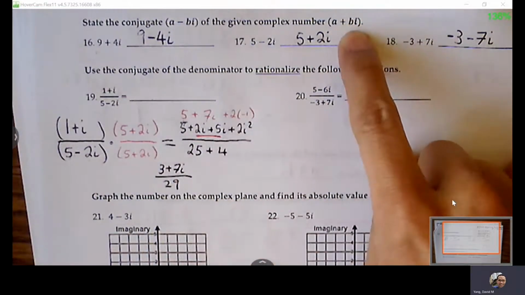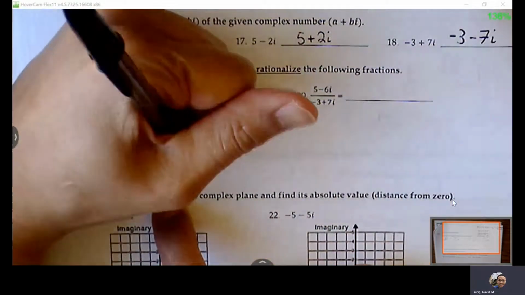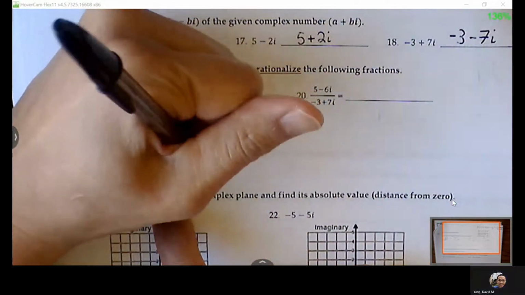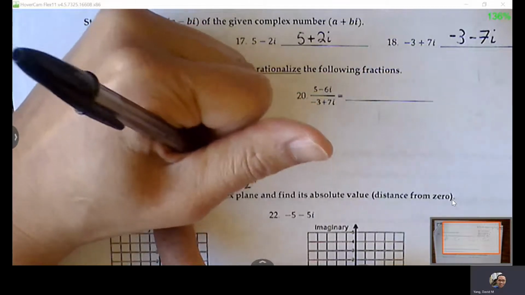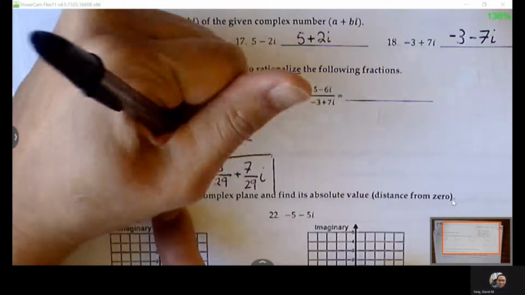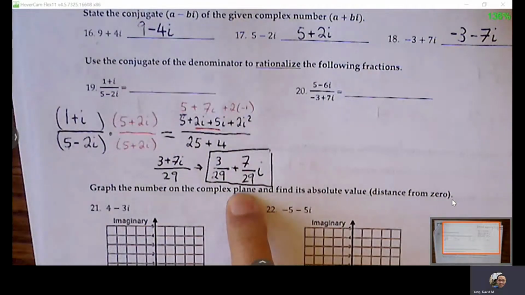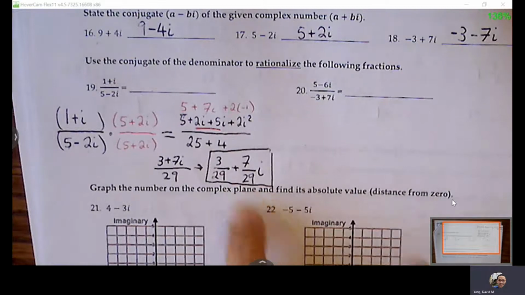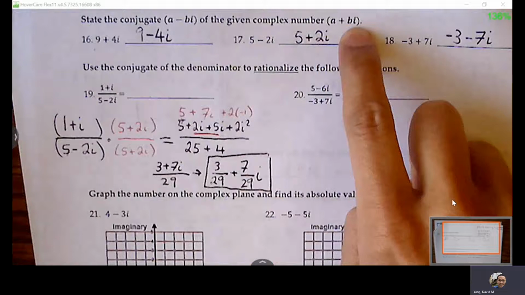Okay, and if we want to separate them into a plus bi, we can write it this way as well. They're the same thing, I just want to show that we can represent it as separated between the a and the bi.